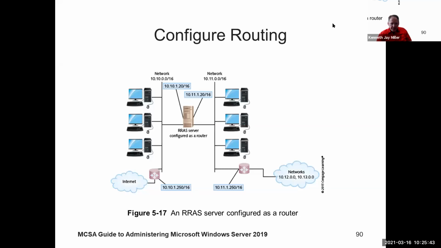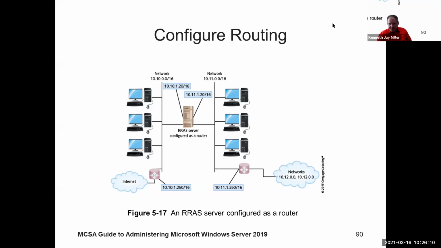For those of you that aren't totally familiar with the slash notation, sometimes referred to as CIDR notation, classless interdomain routing notation, the slash refers to the number of ones in the subnet mask. So /16 means the first 2 octets, these 8 bits and these 8 bits, are all ones.